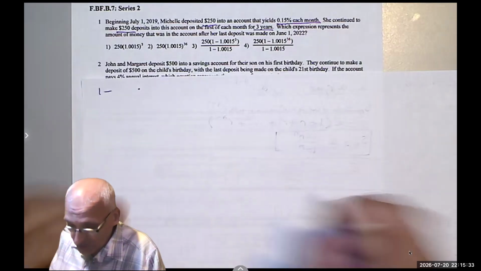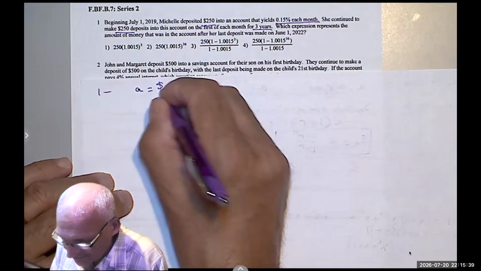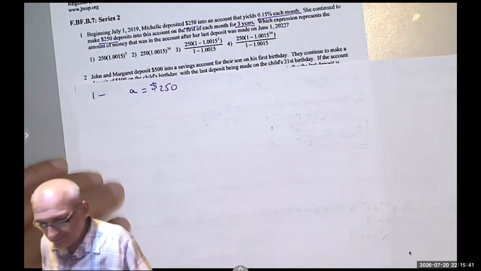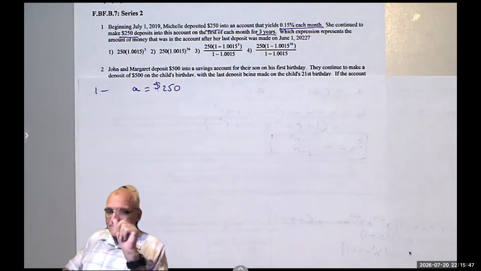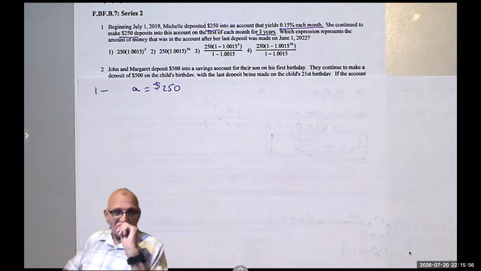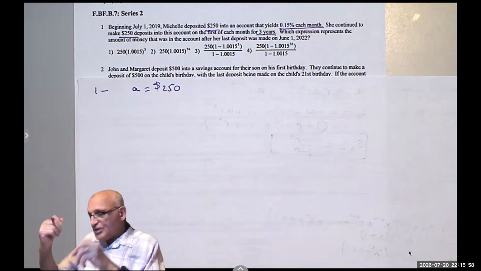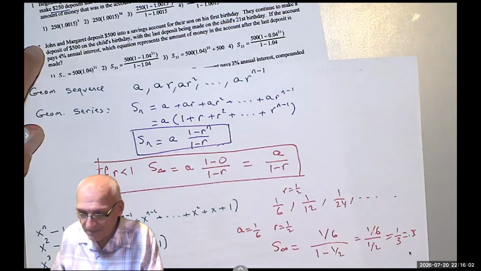Okay. So A here, which is a repeating payment every month, is $250. Here, what I wanted to say, two things. The first thing is, unfortunately, we call the interest R, but we use R as the ratio.